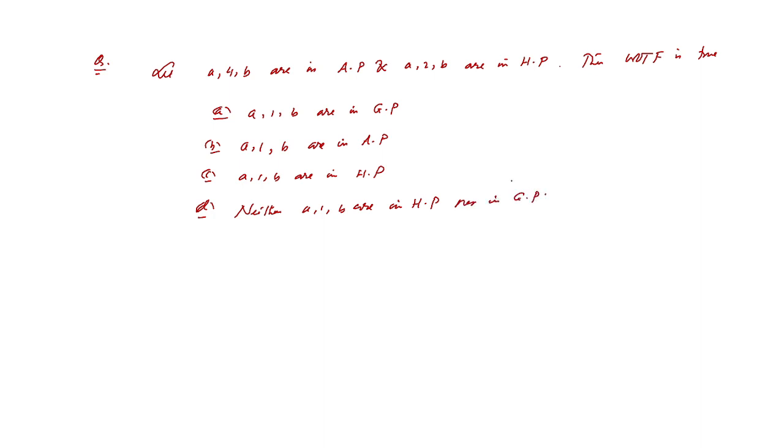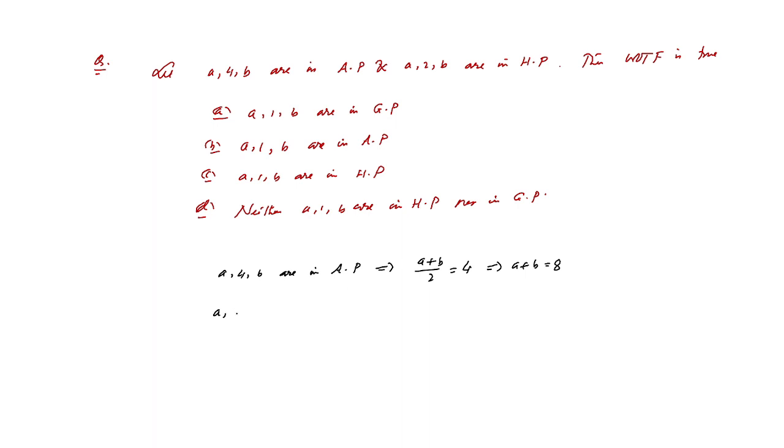So this is a very interesting and simple question, and it was given in KVS TGT 2023. Here a, 4, b are in AP. That means (a plus b) by 2 equals 4, so you can write a plus b equals 8.